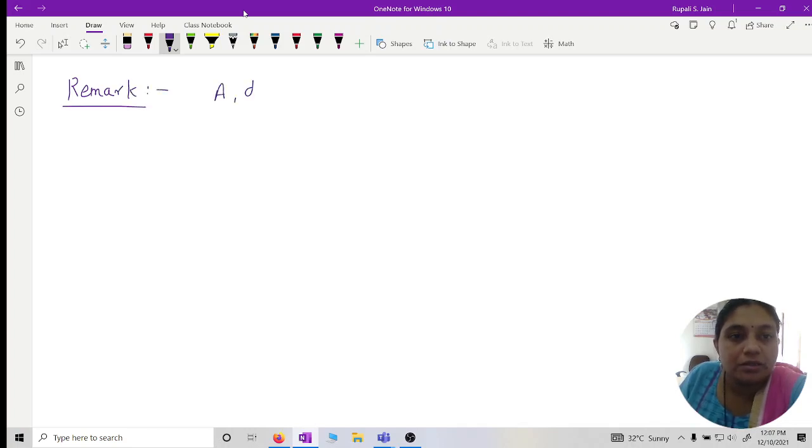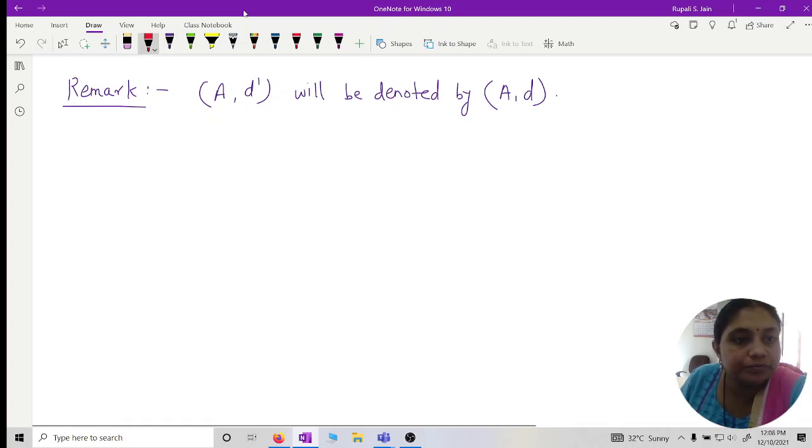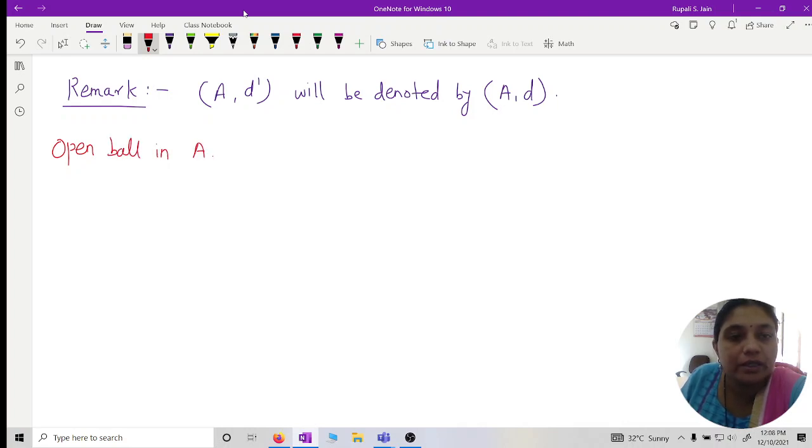(A, D dash) will be denoted by (A, D), because the metric function is the same. Now we define an open ball in (A, D), an open ball in the relative metric space (A, D).